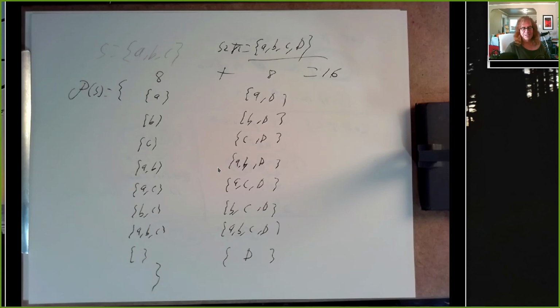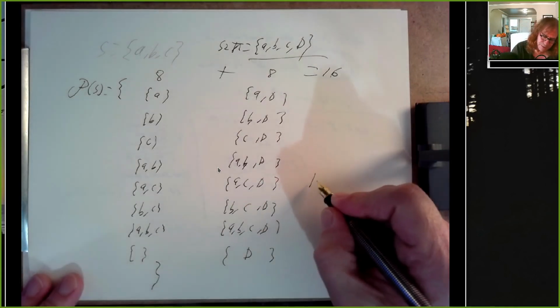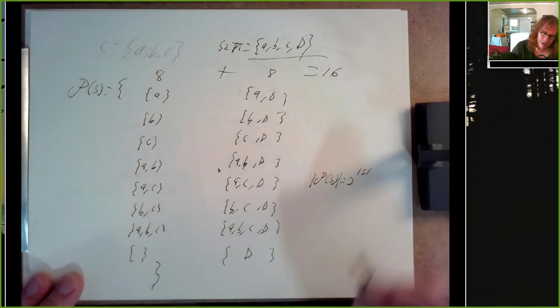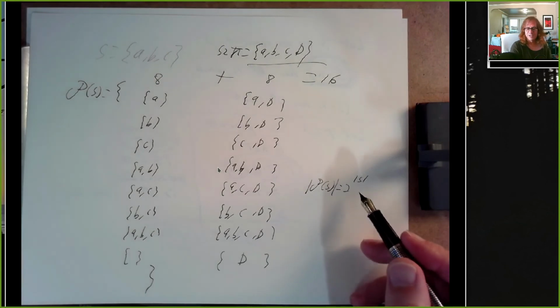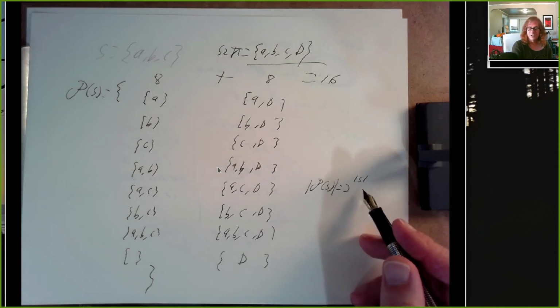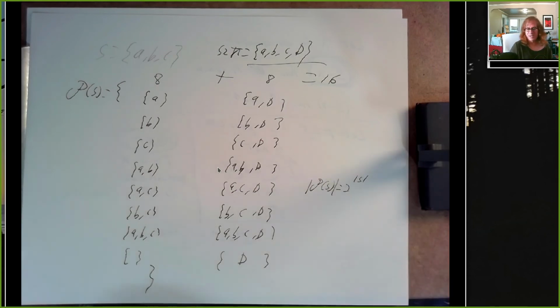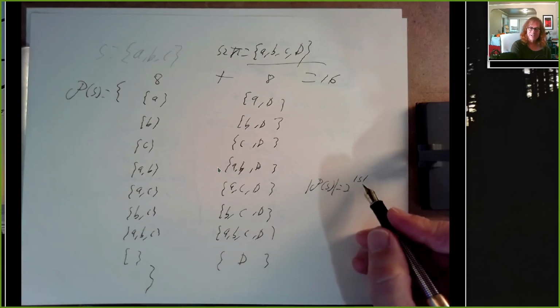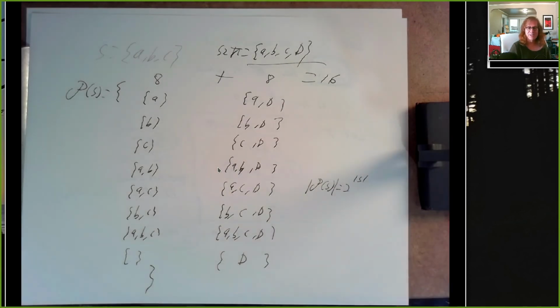So knowing that this property holds for n elements, it's easy to argue that it holds for n plus 1 elements. And combined with the base case, which is that the empty set has one subset, we can prove that this is true for a set containing n elements where n is any integer bigger than or equal to 0.